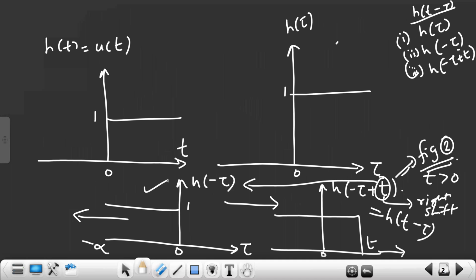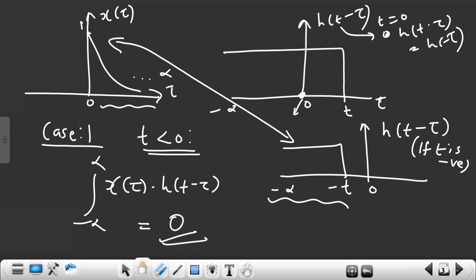But when t is positive, the graph will be as per your figure number 2. This was your figure 2, and this was your figure 1. Now you compare these two figures.